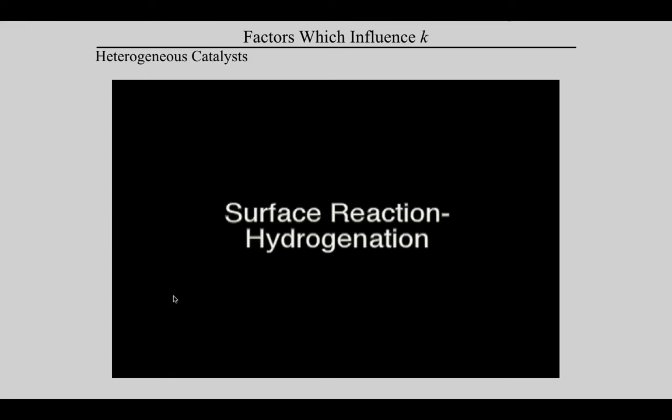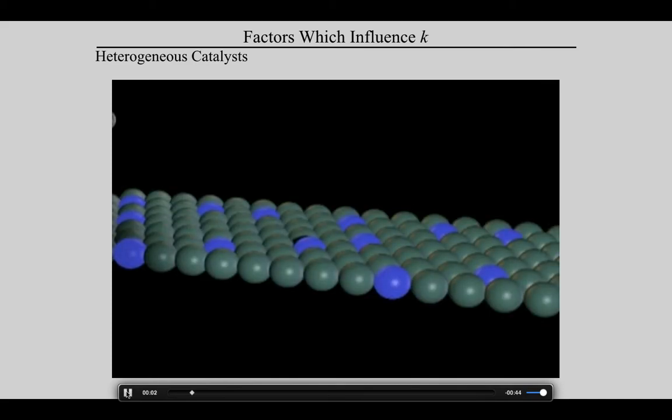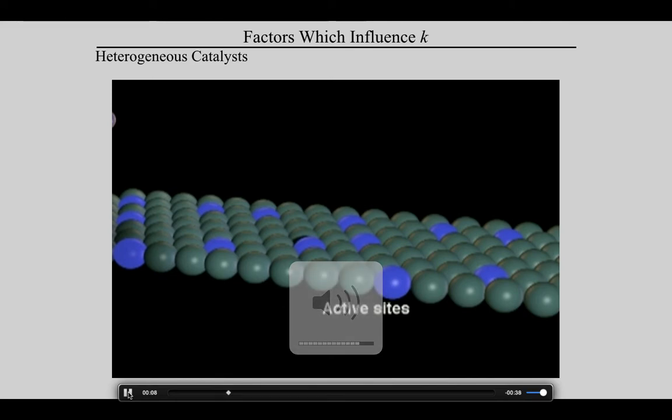I know this video at first glance is kind of silly, but if you really think about it, you start saying to yourself, you've got to be kidding me. So watch. A specially prepared metal surface of nickel or palladium. What did they do to specially prepare it? I don't know. Contains active sites, symbolized by the blue spheres, at which a surface reaction can occur.